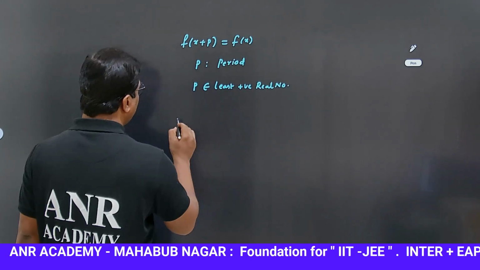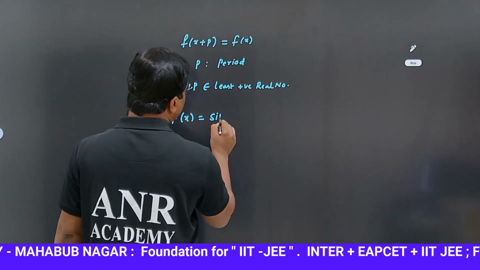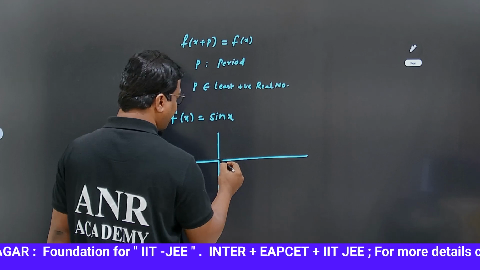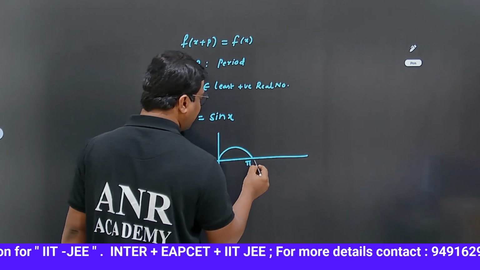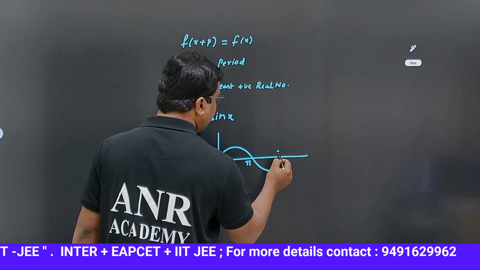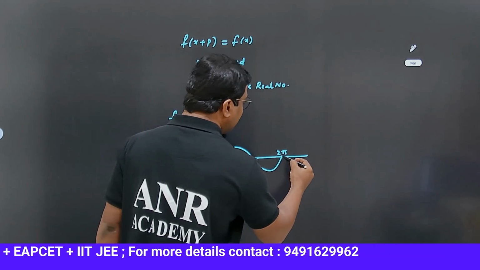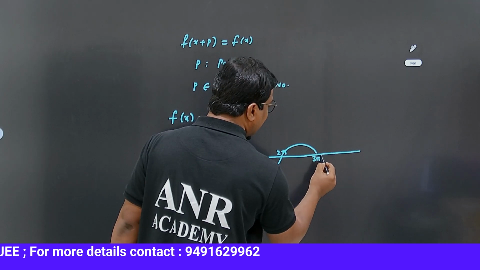For example, if I select f of x equal to sin x, we know the graph of sin x in the interval 0 to pi. This is the graph. Next, it is in the interval pi to 2 pi. On continuation, here it is 3 pi x value.